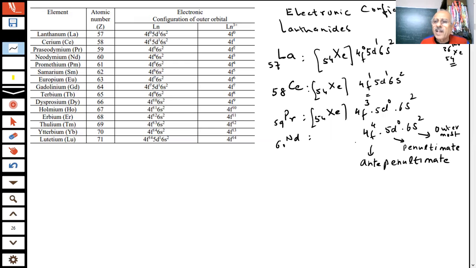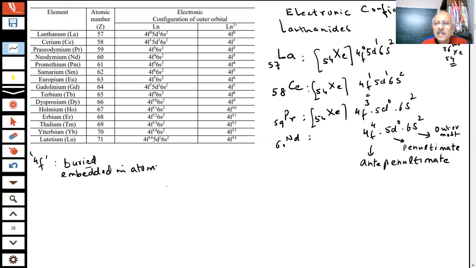So the electrons are being filled in the 4f, which is deeply buried. 4f is embedded inside the atom. One word I'm using, which I will explain when I talk of the properties of lanthanides, is buried. It is embedded in the atom, student, because you have outer ones here.